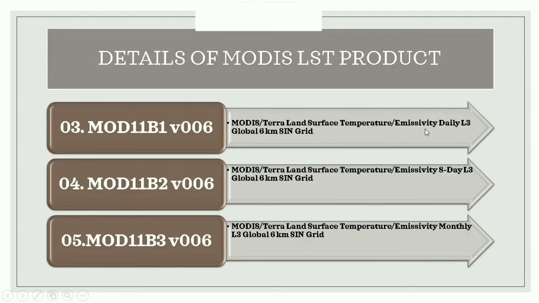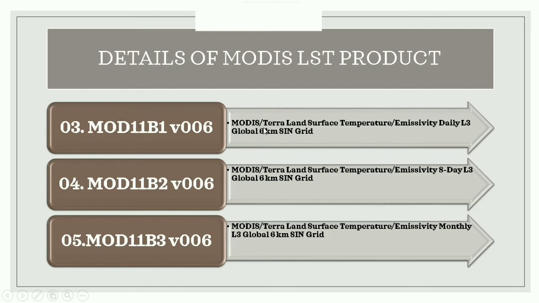Now in the next slide, you can see the MODIS 11B1 product. So here all are B. In the B1 product, you see land surface temperature daily L3 global 6 kilometers. So here the resolution is 6 kilometer, and it is covering the whole world.